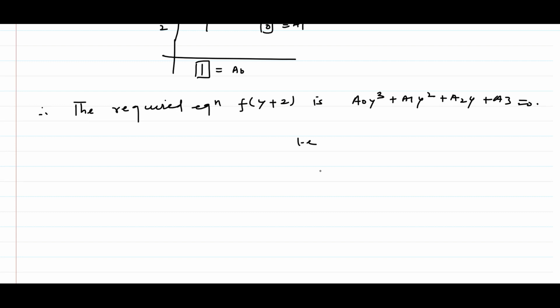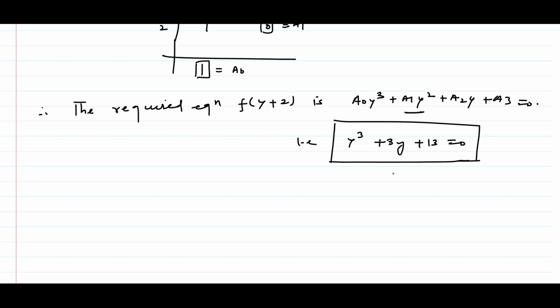So now the value of a0 is 1, the y square term becomes 0, and the value of a2 is 3. It will give y cube plus 3y plus 13 is equal to 0. So this is our required equation, and this is our required final answer.